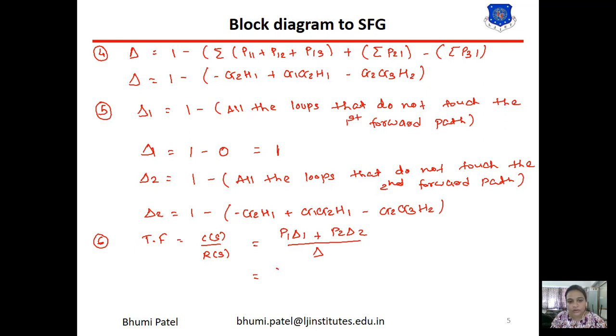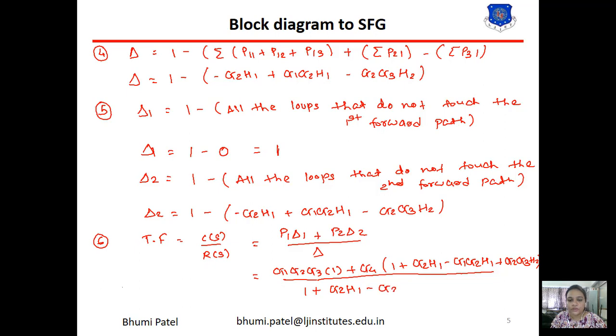Now P1 is equal to G1, G2, G3 and delta 1 is equal to 1, plus P2 is equal to G4 and delta 2 is equal to 1 plus G2 H1 minus G1 G2 H1 plus G2 G3 H2, and upon delta, which is equal to 1 plus G2 H1 minus G1 G2 H1 plus G2 G3 H2.